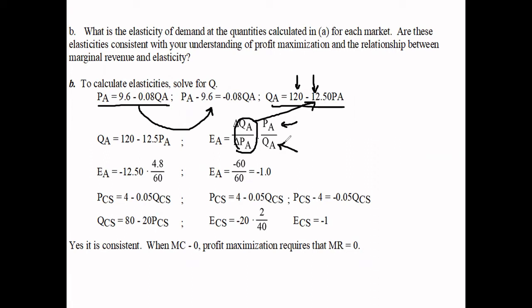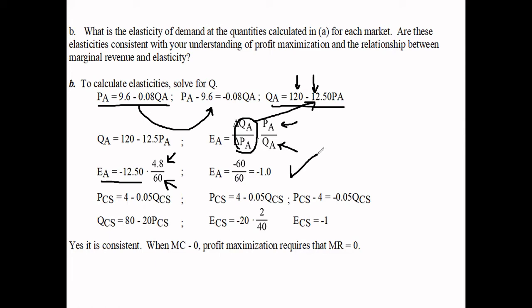Yes, I found them in the previous part, and I can substitute into the equation. If you want to find the elasticity, it is 12.5, which is the slope, and the 4.8, which we find from the pricing on the previous slide, and the quantity, which is 60. After substitution, we find that the elasticity for the adults is unit elastic.